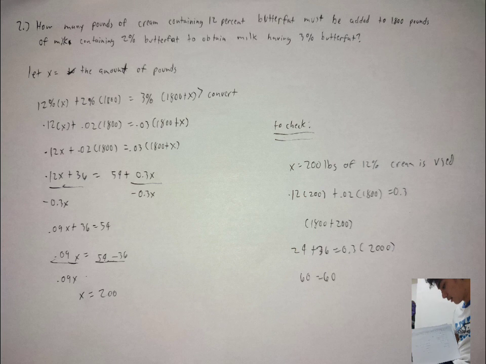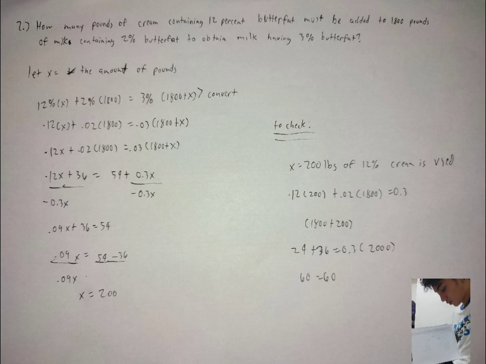So let X equal the amount of pounds. So 12% multiplied by X plus 2% multiplied by 1,800 is equal to 3% multiplied by 1,800 plus X. Let's convert.